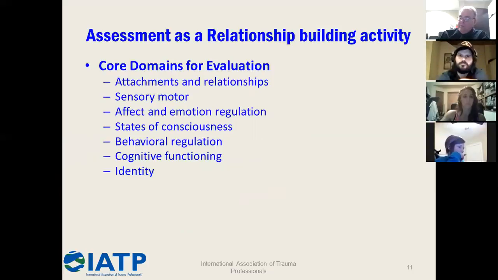So we don't want to over-focus on them alone. We want a broader spectrum of understanding of the human being we're dealing with. So we look at these 7 domains. Most of the assessments you're going to be looking at will be reflective of all 7 of these arenas.